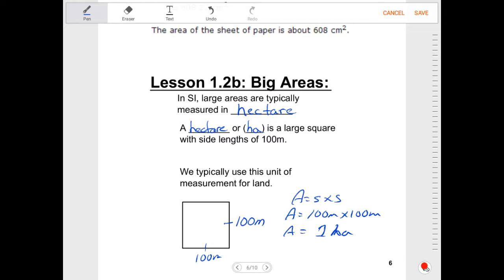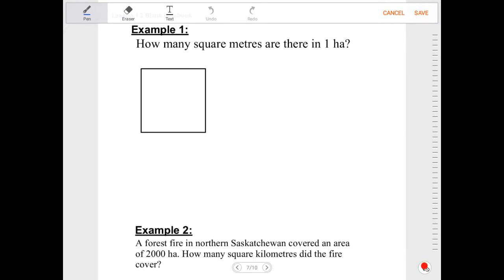So we'll just try a few conversion questions here, and that should help you move along with this. The first one: how many square meters are there in 1 hectare? Well, we know that if we have 1 HA, each side is 100 meters.